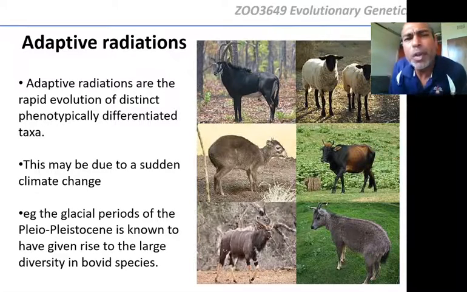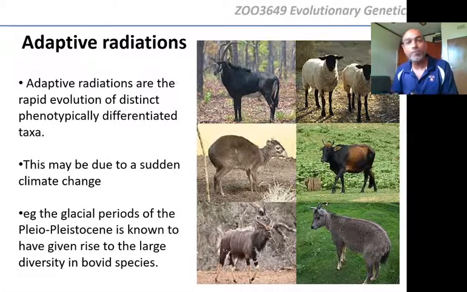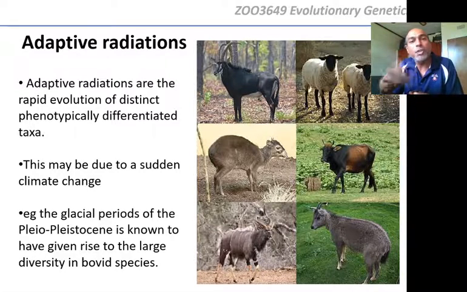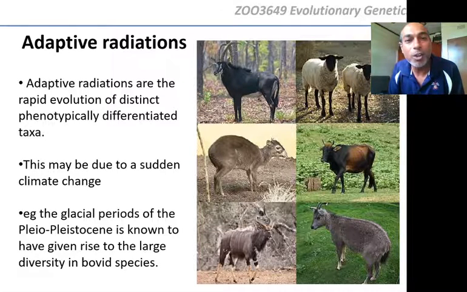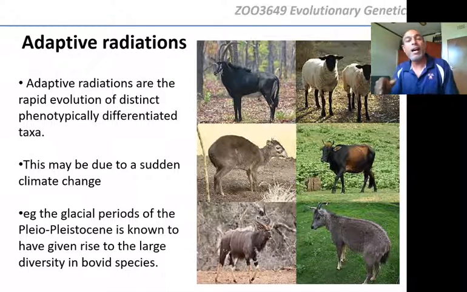And what happens when you get isolation and no gene flow? You get genetic drift. Okay? And so very quickly, you can have this isolation in pockets, and very quickly genetic drift can lead to lots of different kinds of species. Okay, so you have this isolation, and then what happens?